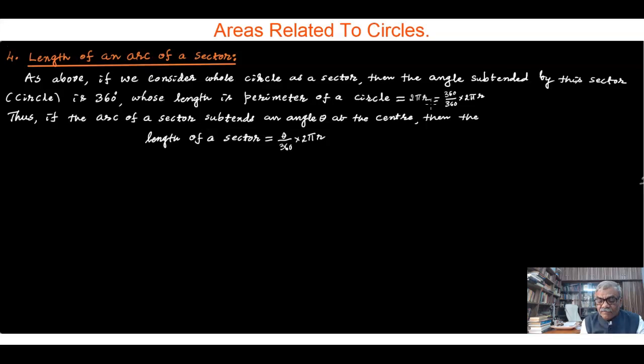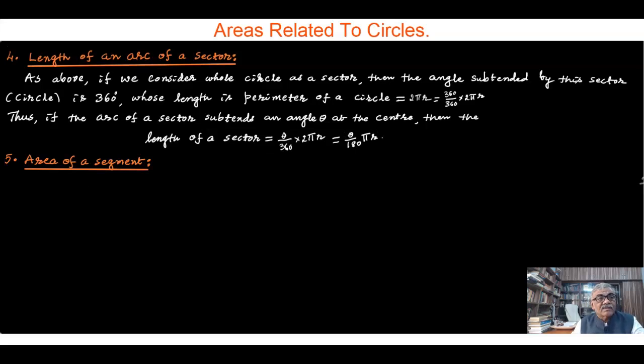And similarly, instead of 360 for the whole circle, if we take the angle to be theta, then we have theta by 360 into 2 pi r, that is theta by 180 pi r. This is the formula for the length of the arc of the sector.